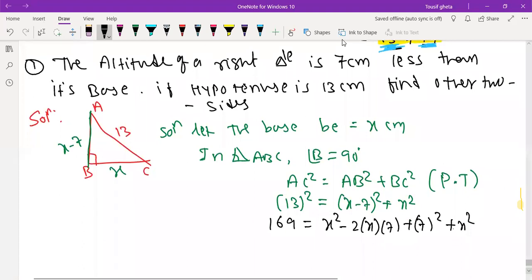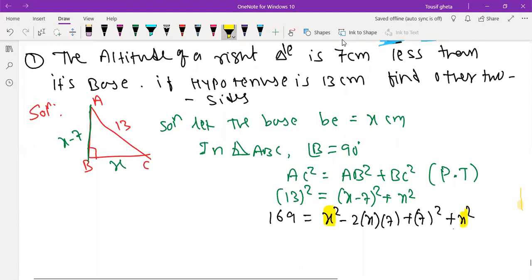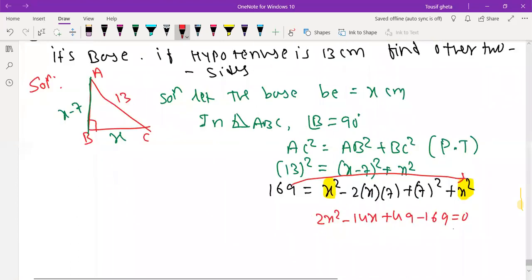These two are like terms, x square and x square. And this 169 we will take to this side. So we will get 2x square minus 14x plus 49 minus 169 equals 0, that is 2x square minus 14x minus 120 equals 0. Again you can divide by 2, you can see clearly 2 is common.